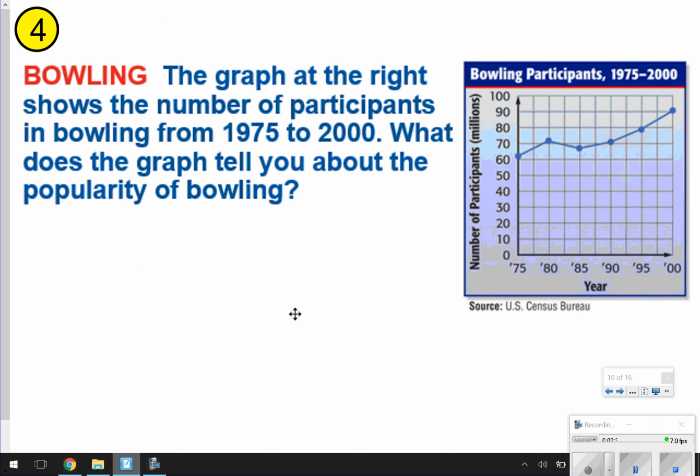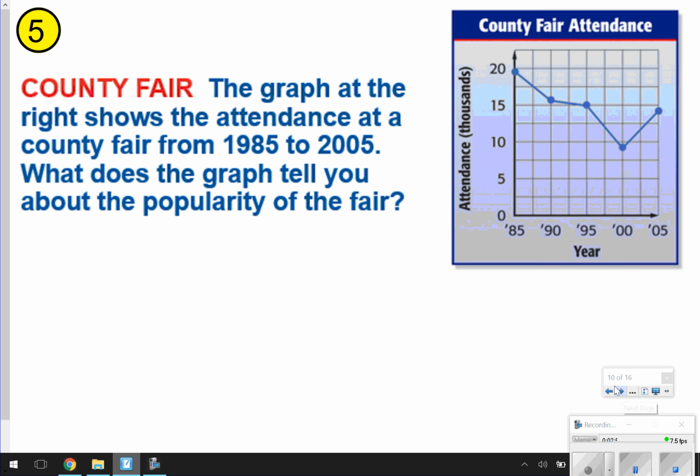Number 4 talks about bowling. The graph at the right shows the number of participants in bowling from 1975 to 2000. What does the graph tell you about the popularity of bowling? So you're answering this question for number 4. Pause the video, talk to your neighbor about what you think, and then go ahead and click play to come back to question number 5. Number 5 talks about the county fair.